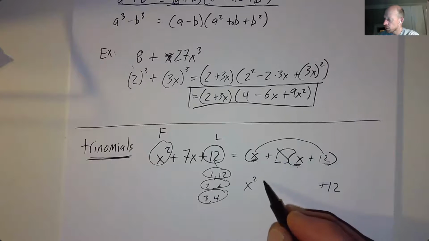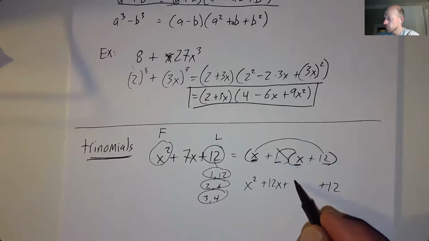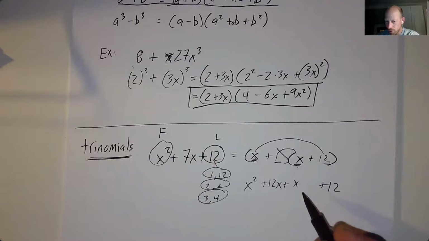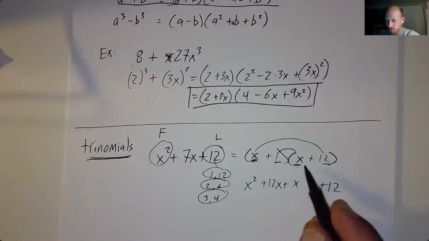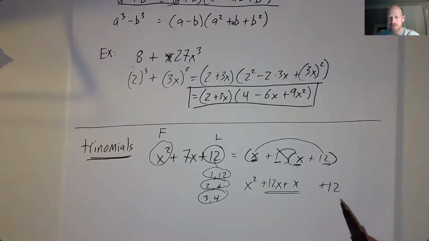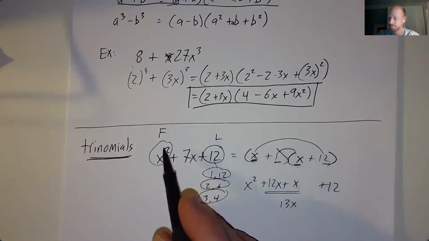Those are going to be 12x and 1x. When we FOIL two binomials together, these inner and outer terms add together. In this case, they give me 13x. So this, when I multiply it out, does not give me what I wanted.